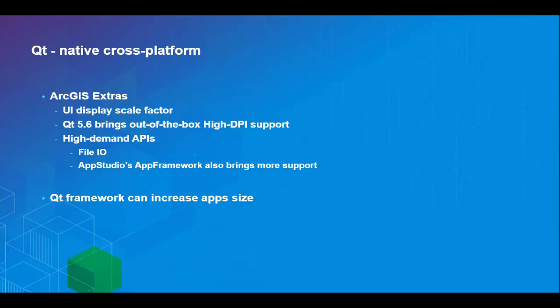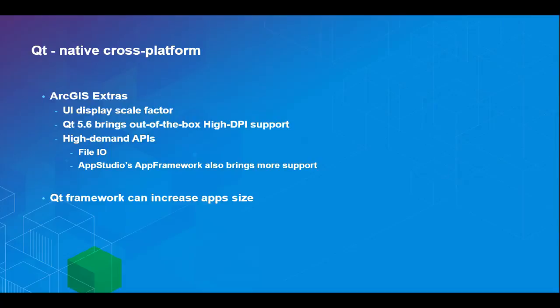So we try to find those more common use APIs and expose them up through our extras, like the ability to get a quick scale factor. Actually, scale factor is kind of a bad example because that one you can get from QML. But that is something that you want to use when you're laying out your UI. Qt at their 5.6 release did not automatically scale the UI depending on the resolution of the device.